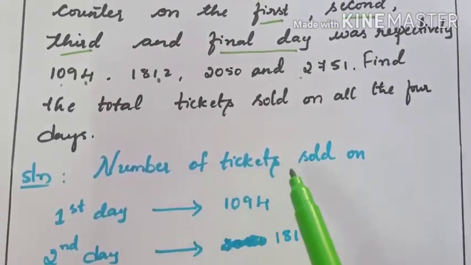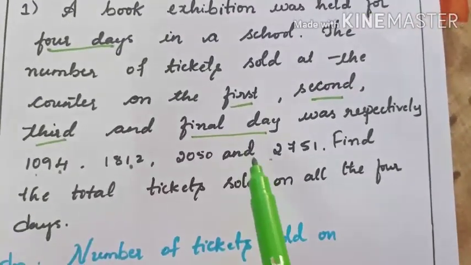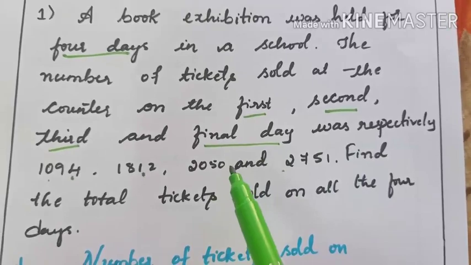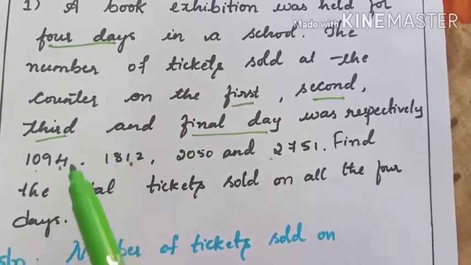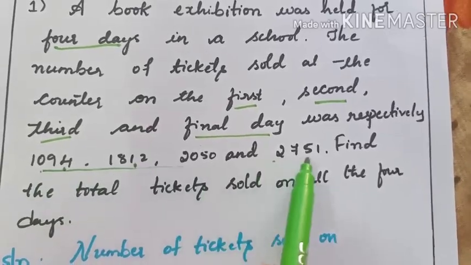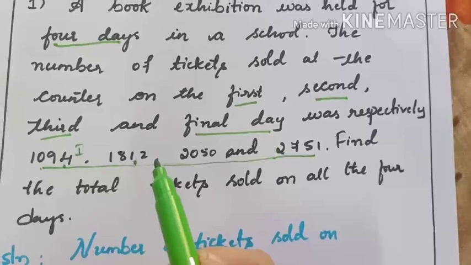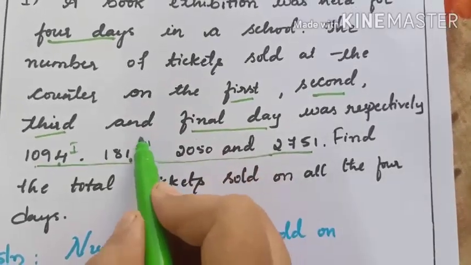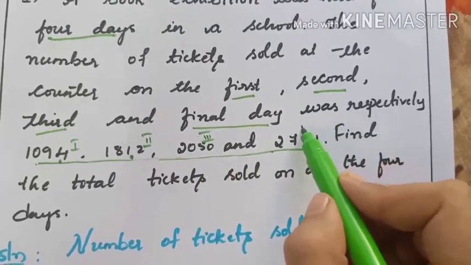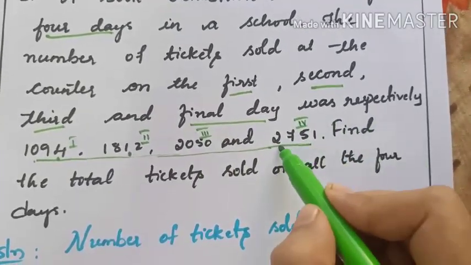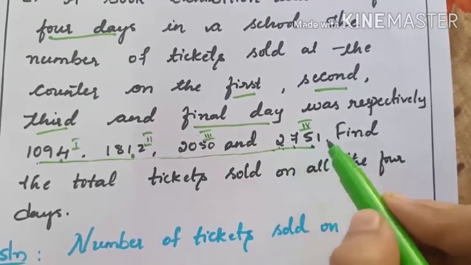Number of tickets sold on first day. See, in the question itself they have given all the details: first, second, third and final day. This number of tickets were sold respectively. It means first day it was 1094, second day it was 1812, third day 2050 and the fourth day the number of tickets sold were 2751.